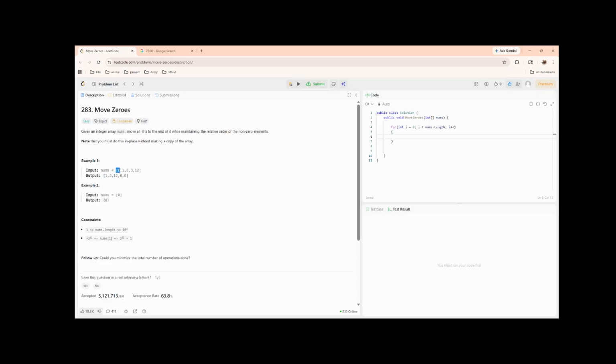So I would think that we start here. This was 0, so we want to move it. Do we just swap it with the next value? I feel like that would be slightly inefficient, but I think we could start there for now.